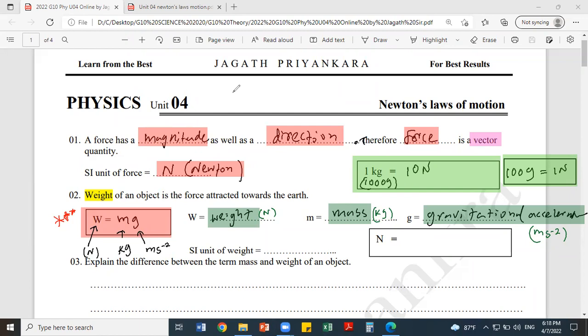So then what is the equation? You can also see Newton is also equal to what? kg m s^-2. So that's what I have given here. Newton is also equal to kg m s^-2.